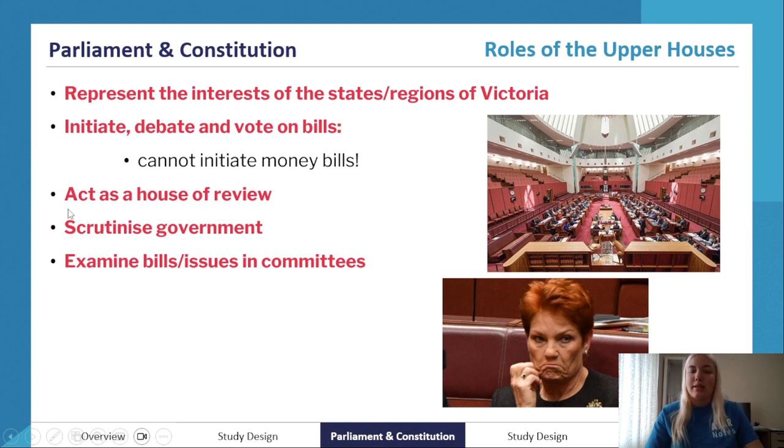They also act as a house of review if the bill is coming to the upper house second, after being introduced in the lower house first. They also scrutinize government, so examine flaws in a proposed law, and scrutinize the motivations, I guess, of the government party. And they can also examine bills or issues in committees and parliamentary committees.